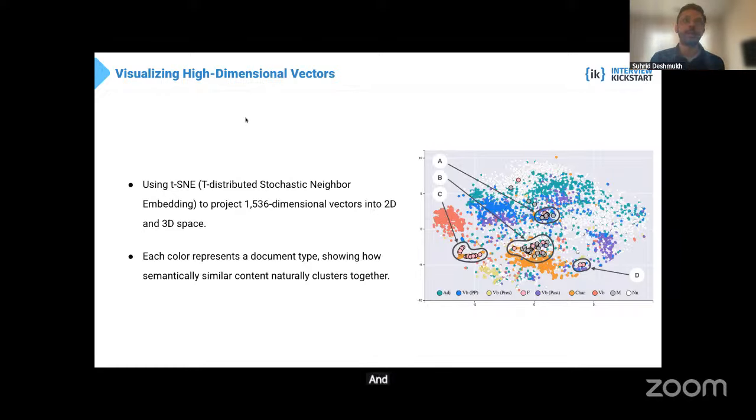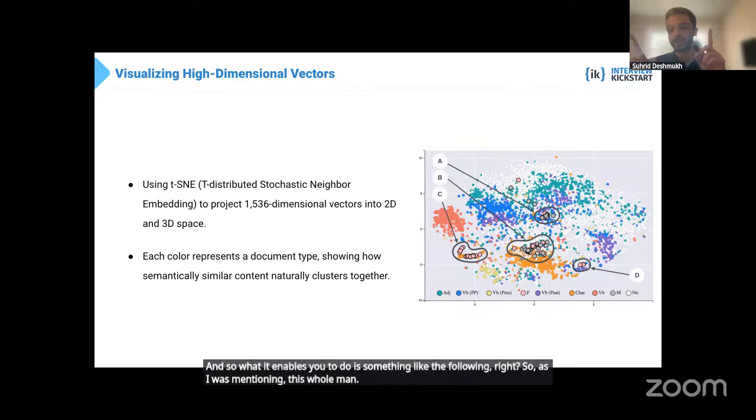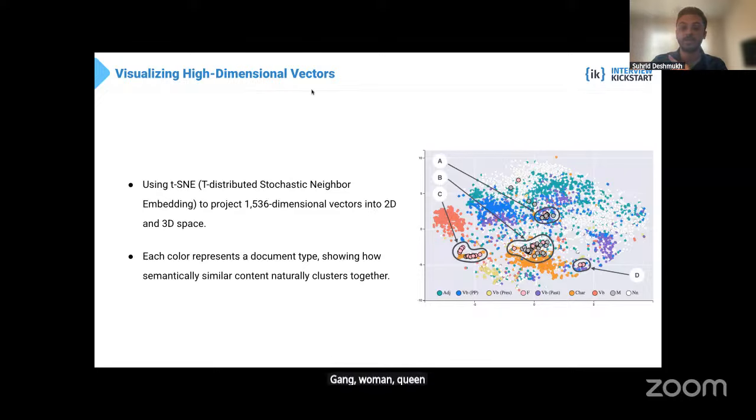And so what it enables you to do is something like the following. As I was mentioning, with this whole man, king, woman, queen type of example, what it enables you to do is cluster your text into similar groups.